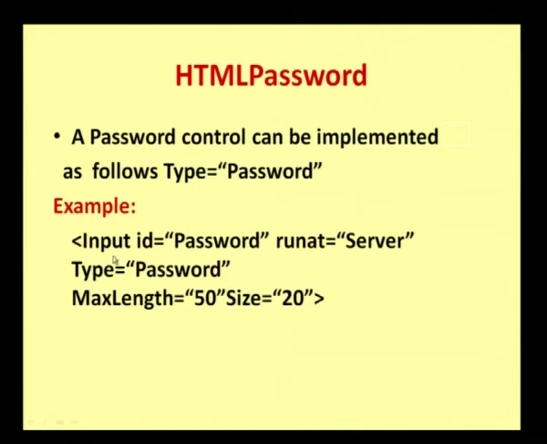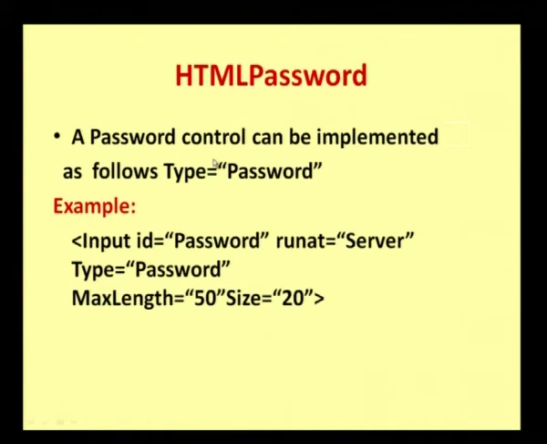The input tag is used here: input id equal to password. Any id can be given by the user, this is user defined, and type equal to password. When the type attribute is set to password, it indicates it is not a text field or some other field, it is a password field. And as usual, there is the maximum length of the characters and the size of the password field.